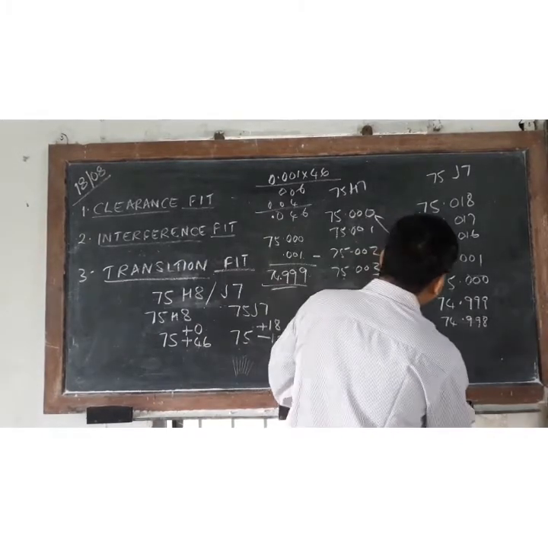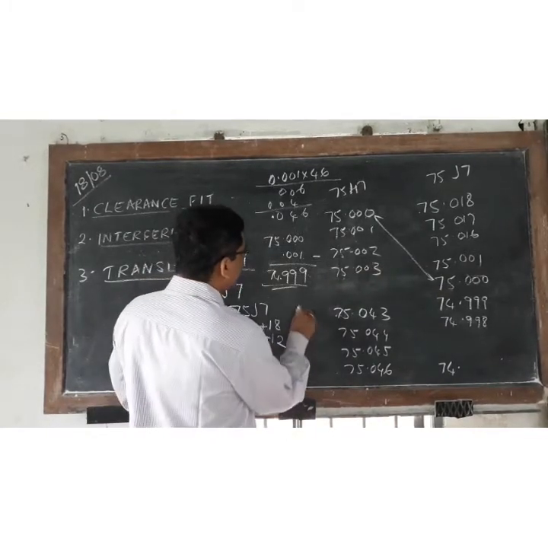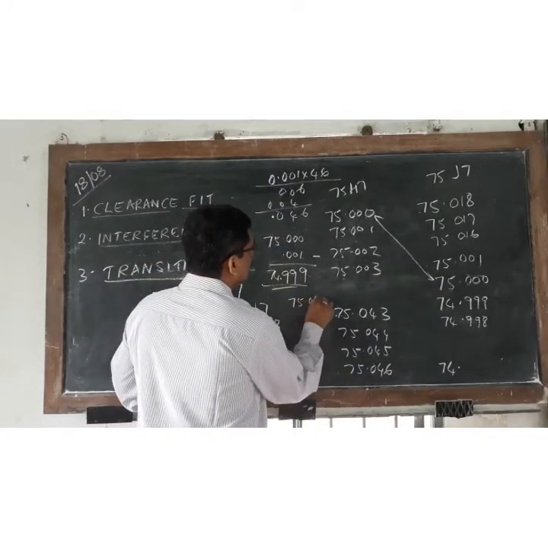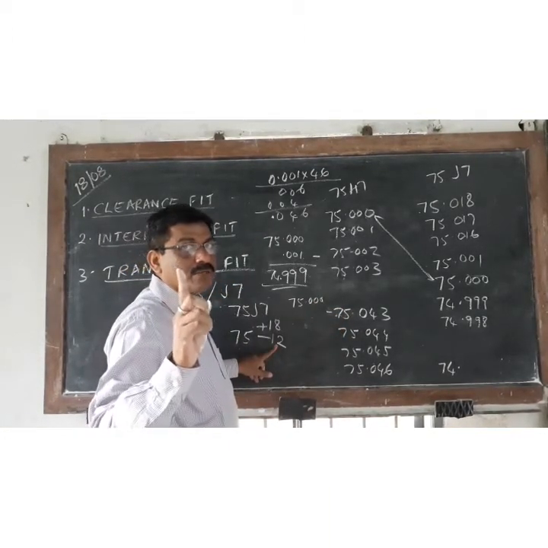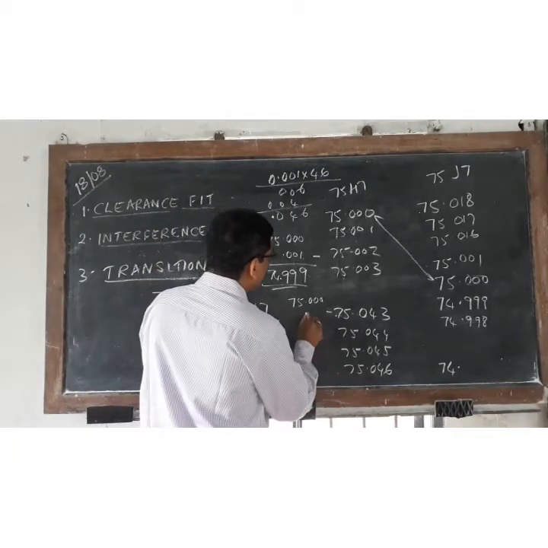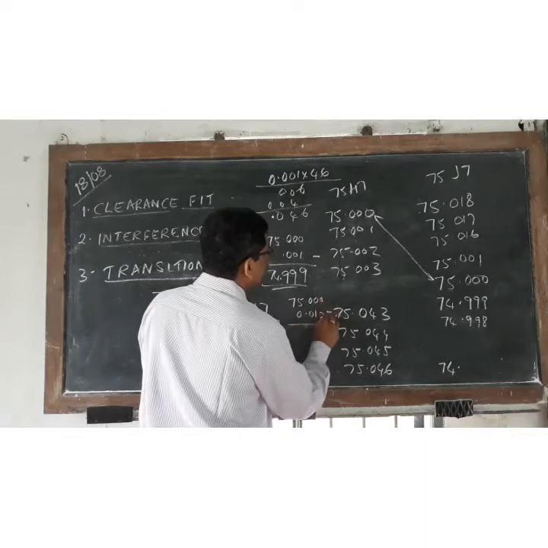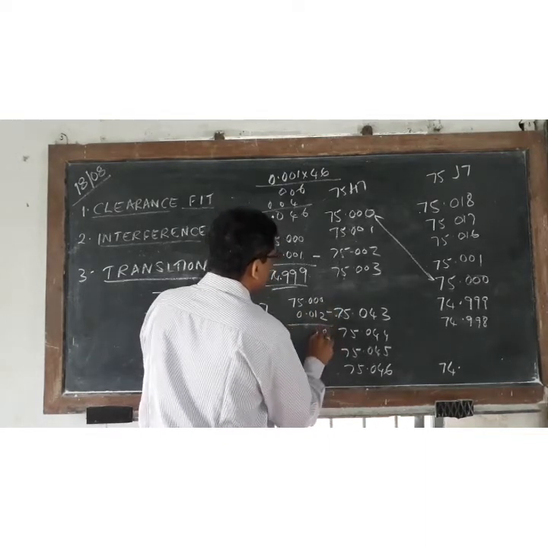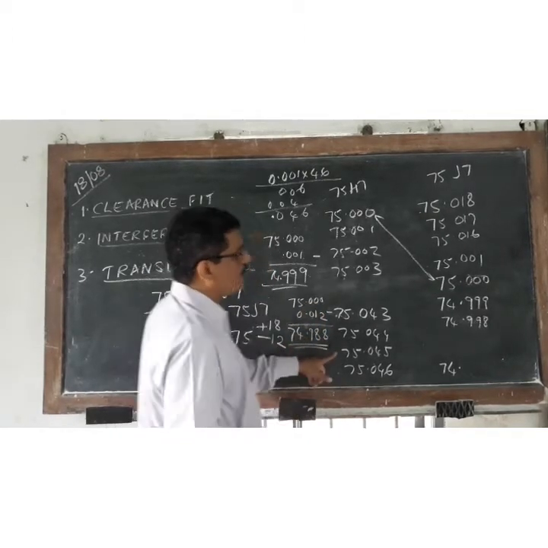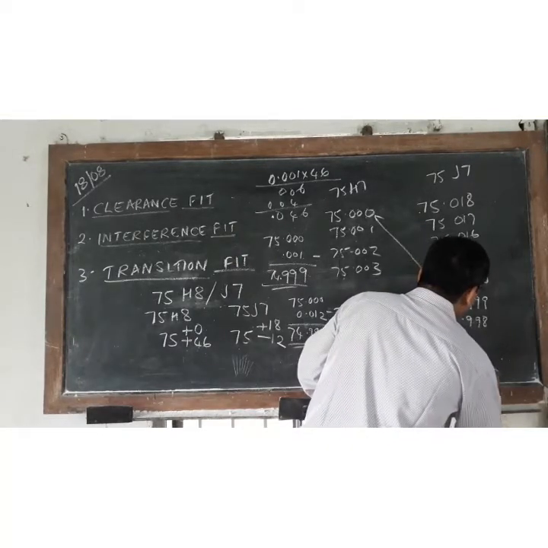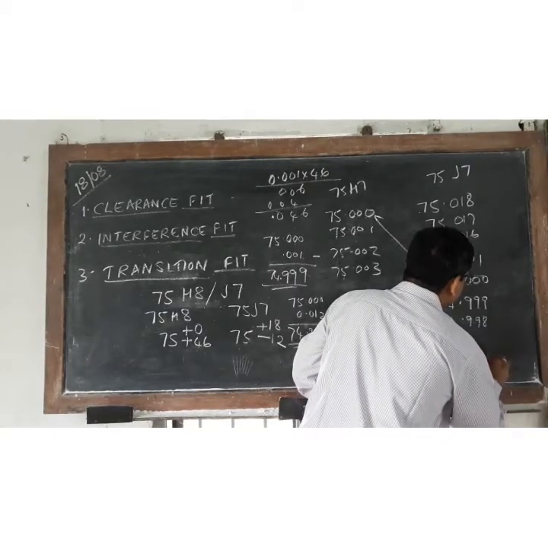Last it is coming 74.988, the last size. 75 minus 12 microns, 1 micron is equal to 0.001, so 12 microns in the sense 0.012. 10 minus 2 is 8, 9 minus 1 is 8, 9, 4, so it becomes 74.988. Then it is at 74.989.